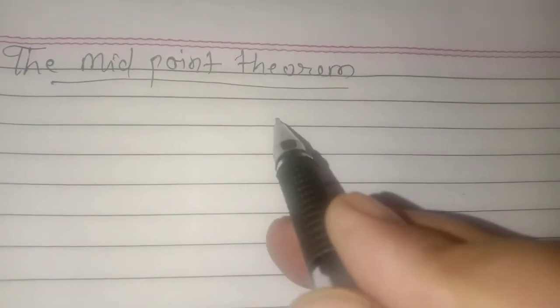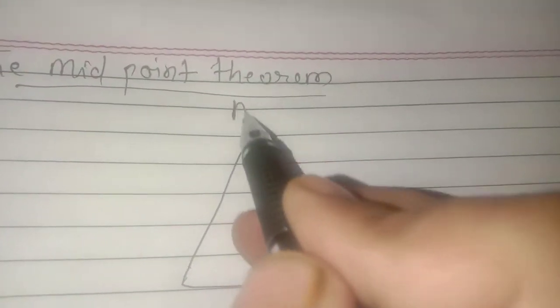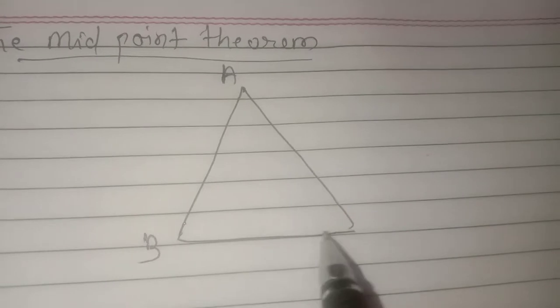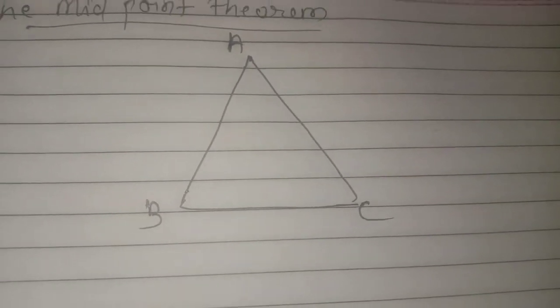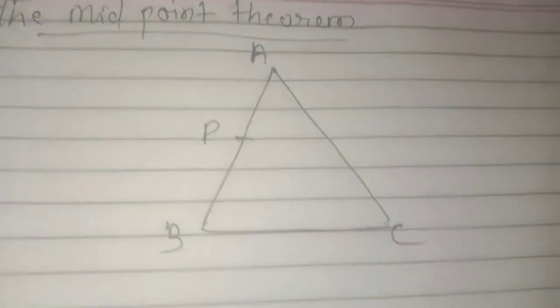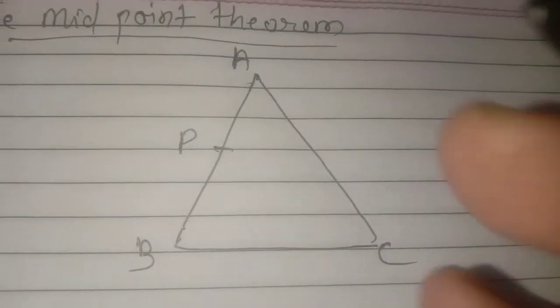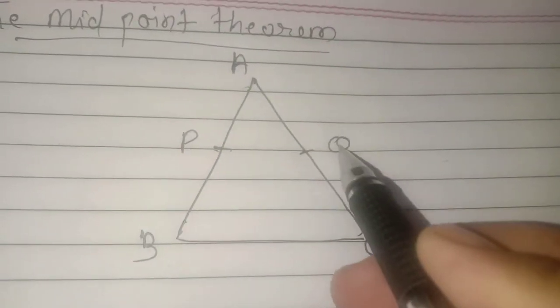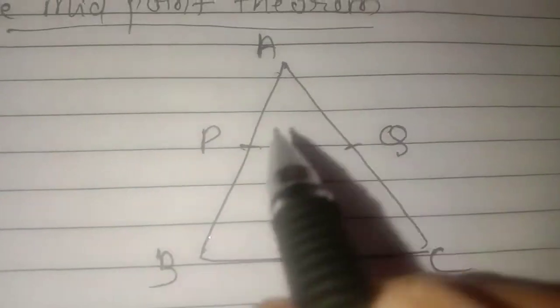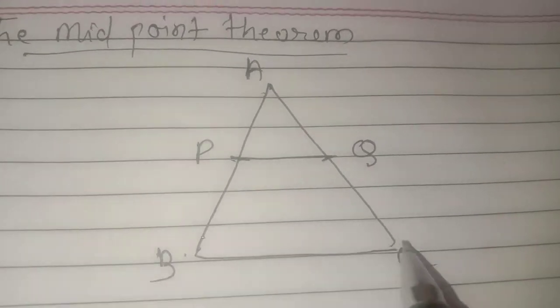The theorem is about this: in a triangle ABC, if P is the midpoint of AB and Q is the midpoint of AC, also PQ is parallel to BC.